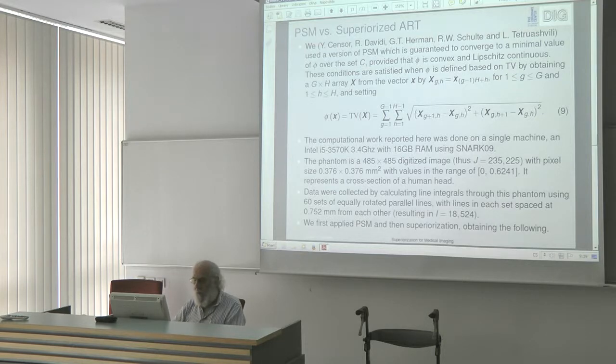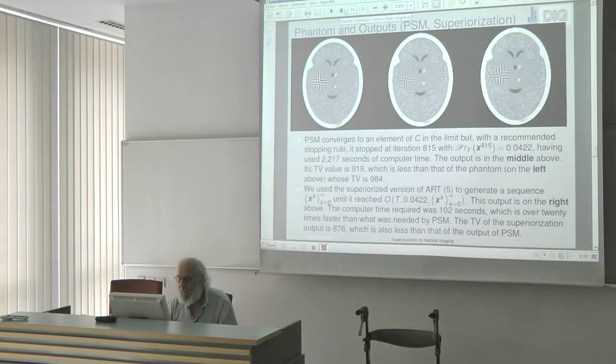And we first applied the classical method and the superiorization, and we obtained the following results. This on the left is the Phantom, mathematically described cross-section of the human head with lots of tumors in it. The thing in the middle is what is obtained by PSM, and the thing on the right is what is obtained by superiorization.